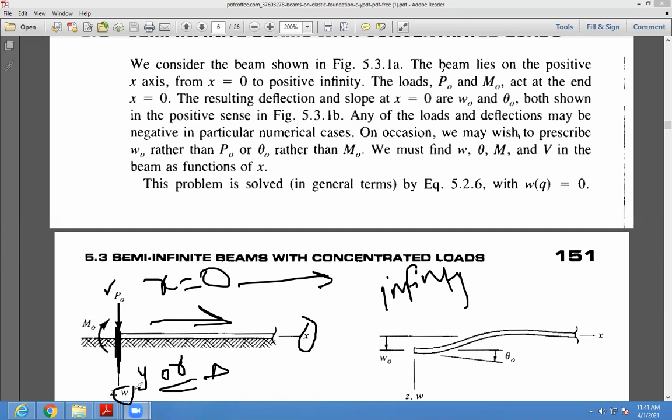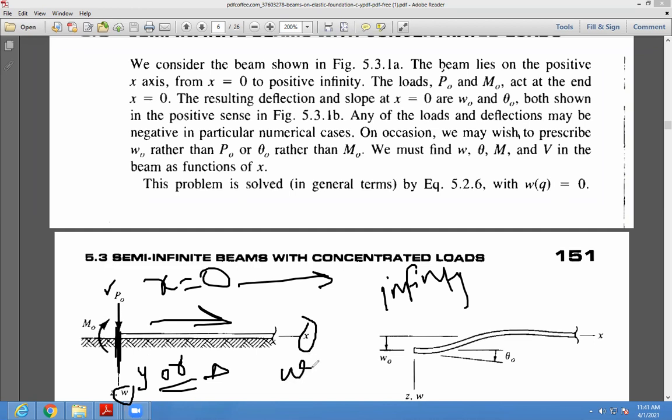Then whatever the resulting deflection W, Y or delta, meaning it is the same for everyone. Whichever letter or symbol you use, the meaning is the same: W, Y or delta, that is deflection. So at x equal to 0, that is at origin, the resulting deflection and slope will be W naught.